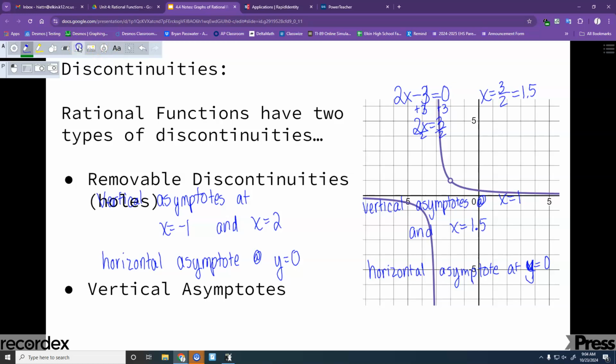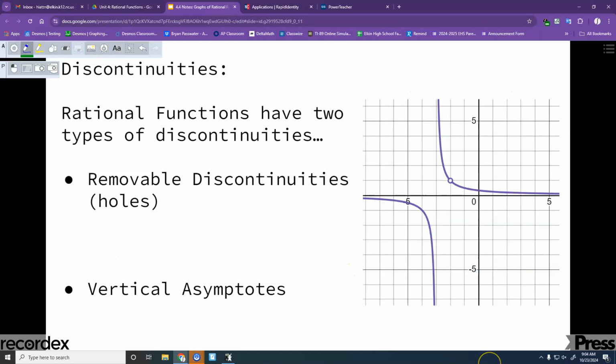Okay, so there are two different types of discontinuities that you can have in rational functions. You can have removable discontinuities, which are also called holes sometimes, and removable discontinuities are called this because they could be removed with just one single point.